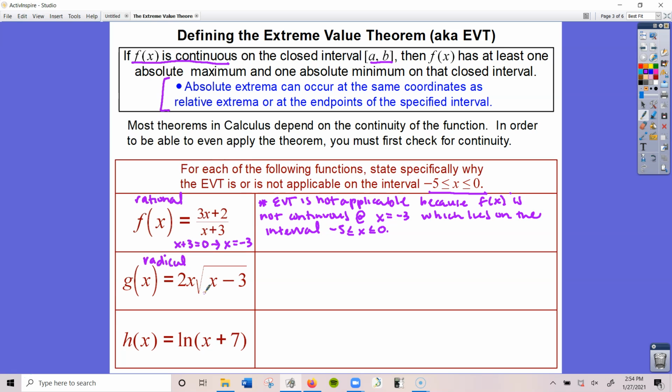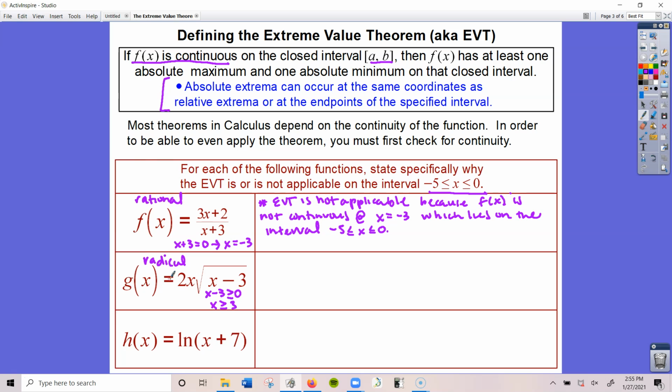So in order to figure out when it is continuous, we set the inside of the radical greater than or equal to 0. Because I can't have 0 inside the radical or any other number greater than 0. So when we solve, we get that x is greater than or equal to 3.